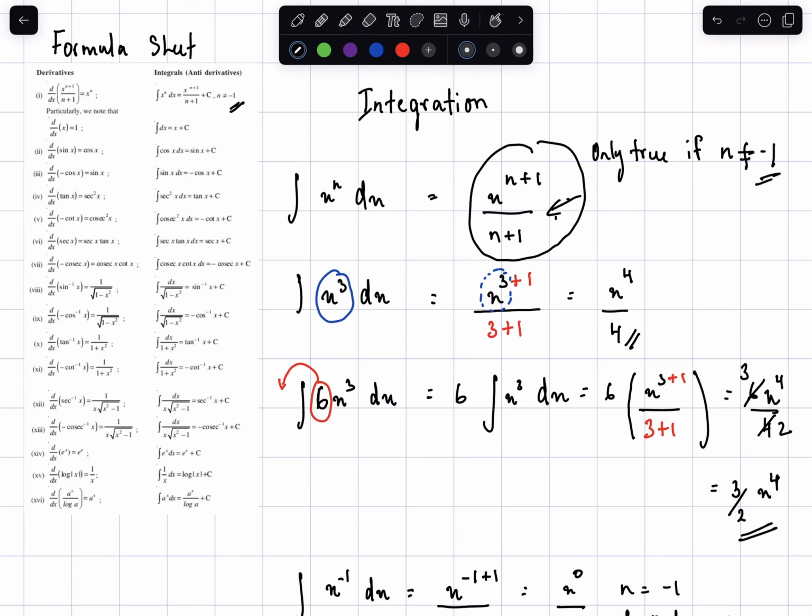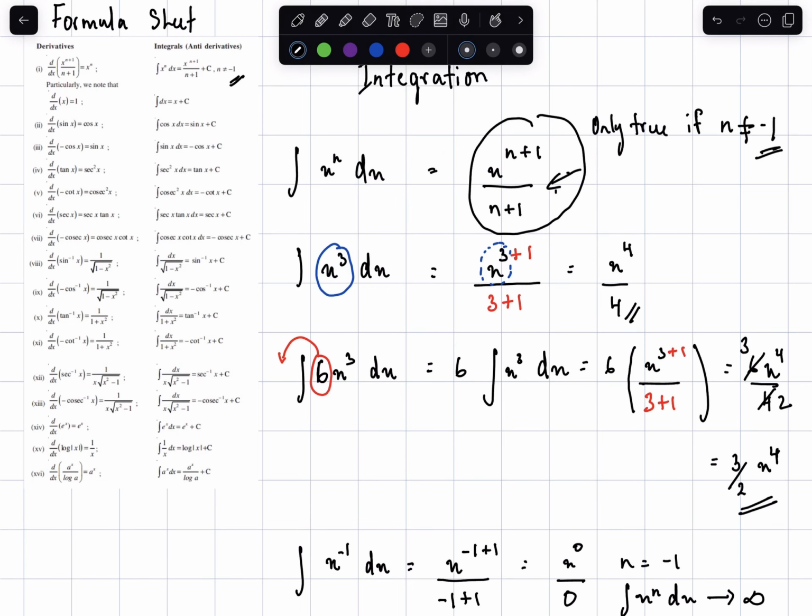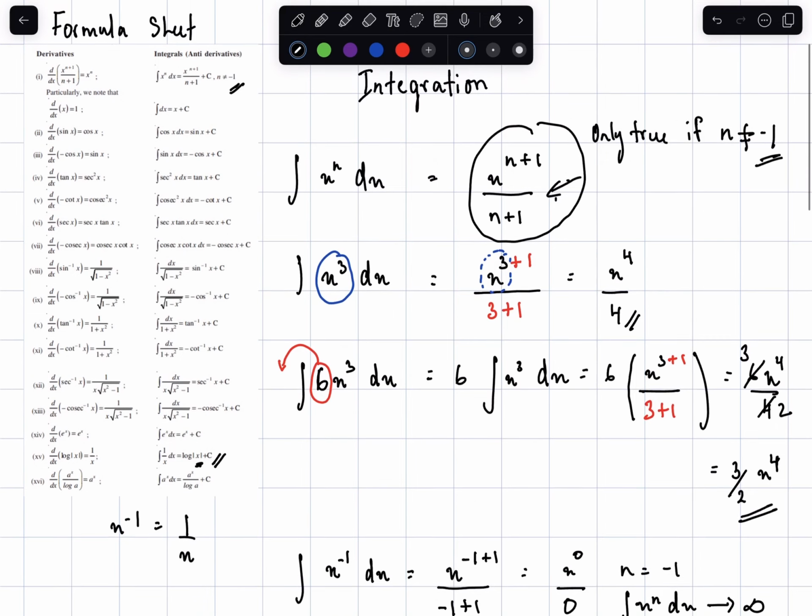This is very important, and we'll see why. If you look at the formula sheet down here, you can see there's an integral for x raised to the power -1. x raised to the power -1 is the same as 1 over x, for all those asking, and it just becomes the log of x. Just remember this. This is a very important case.